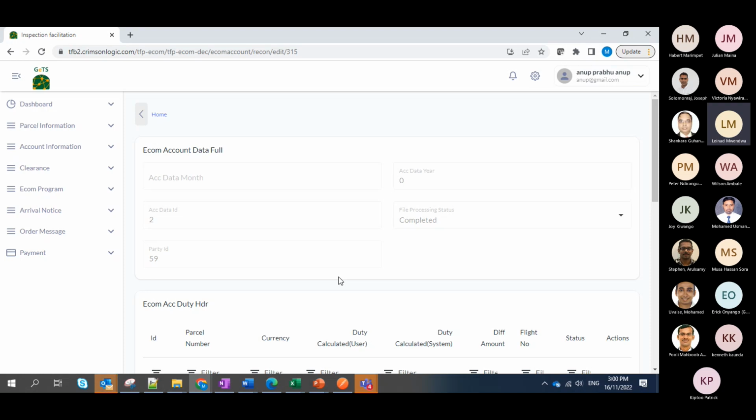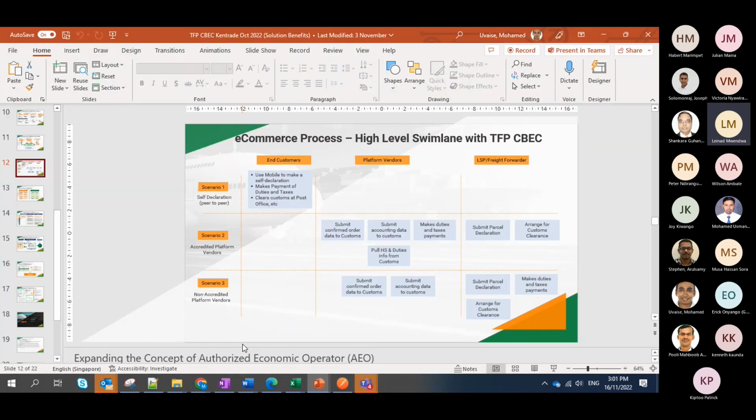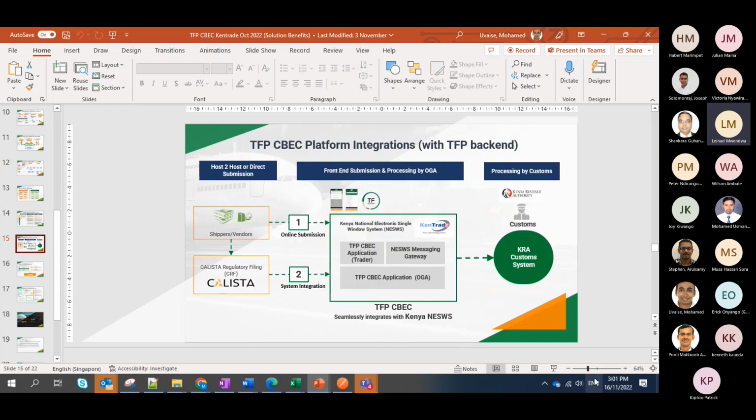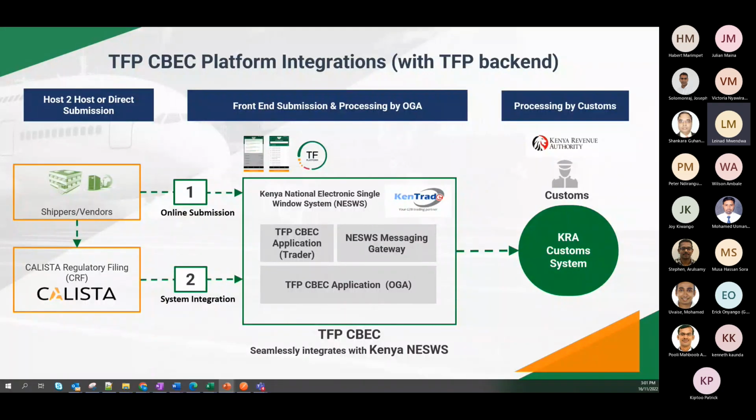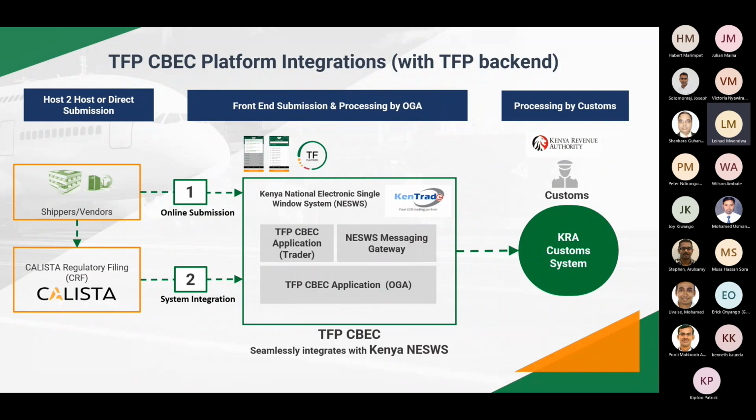One of them is courier services. We have a provision for courier parcels. We also have a provision for consolidated cargo that I think will be well catered for by this particular service. I appreciate what Kentrend and Crimson Logic are trying to do. I think it's a step in the right direction.